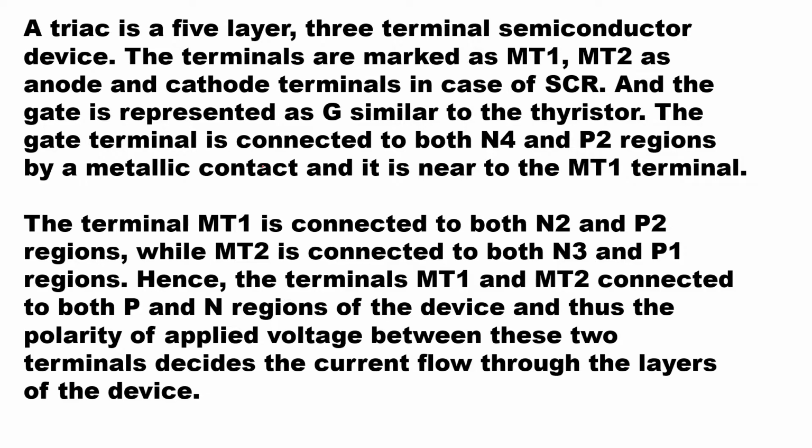The gate terminal is connected to both N4 and P2 regions by a metallic contact, and it is near the MT1 terminal. The terminal MT1 is connected to both N2 and P2 regions, while MT2 is connected to both N3 and P1 regions. Hence, the terminals MT1 and MT2 are connected to both P and N regions of the device, and thus the polarity of applied voltage between these two terminals decides the current flow through the layers of the device, which is what we have discussed earlier.